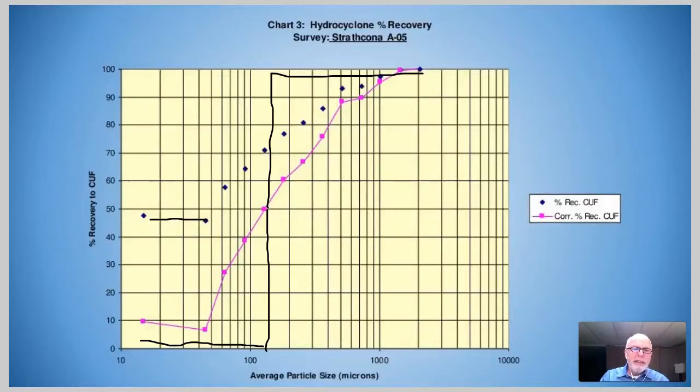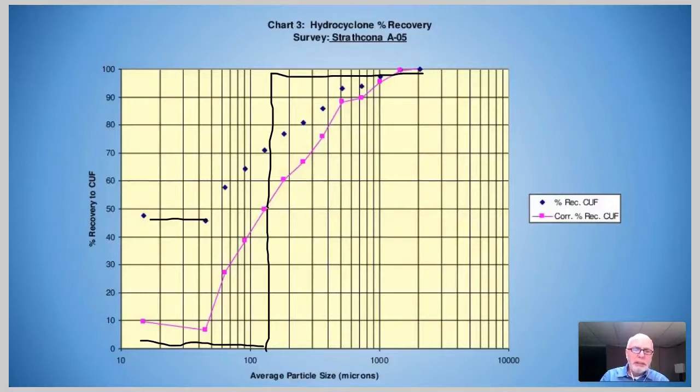This is the bypass of fines to the cyclone underflow from the feed, and is also equal to or very close to the bypass of water from the cyclone feed to the underflow. So this bypass fraction of fines is associated with the recovery of water from the cyclone feed to the underflow, in this case about 45%.